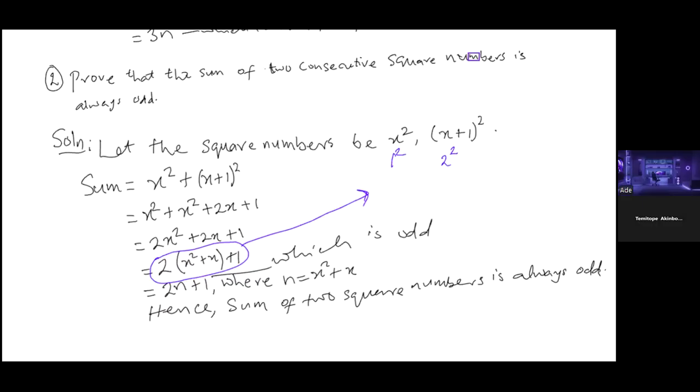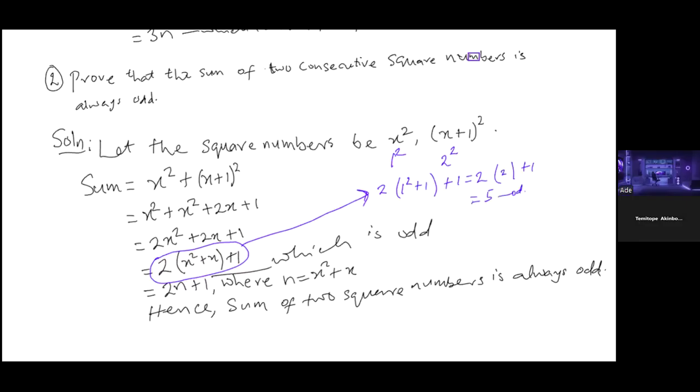Now, let's substitute 1 for s here in this purple circle. If you substitute 1 for s, let's evaluate it and see if we are going to get an odd number. So you have 2 into (1 squared plus 1), plus 1. And that gives 2 into 2, plus 1, which is going to be 5, which is odd.